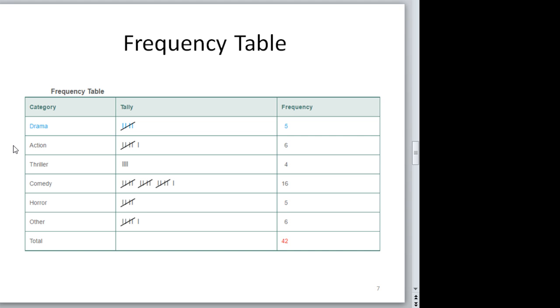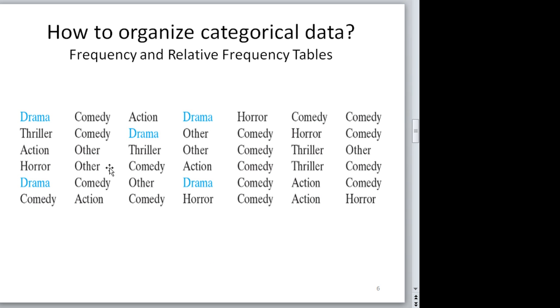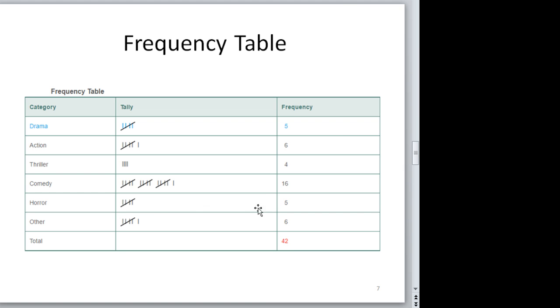Once you put it in the table called a frequency table, it looks like this, which is a lot easier to see and organize than just this raw data, right? It's a lot easier to see the general trend and what's popular and all that.